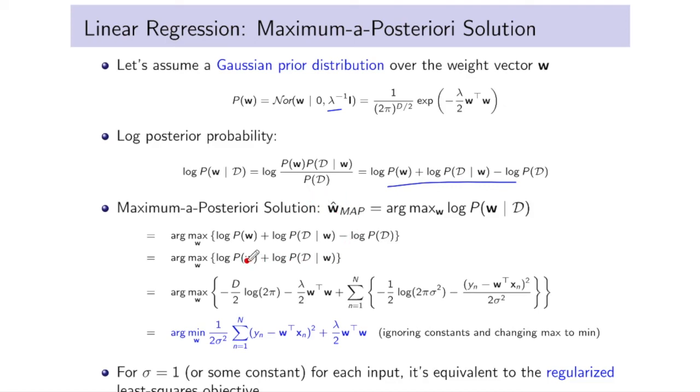They just break them out. And then when you're trying to maximize it, some things aren't relevant because they're not going to change which one's the maximum, so they can be dropped. This distribution that's based just on the data isn't going to affect the final answer. You only care about things that are dependent on the parameters.